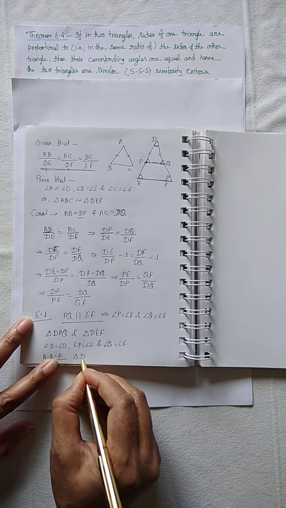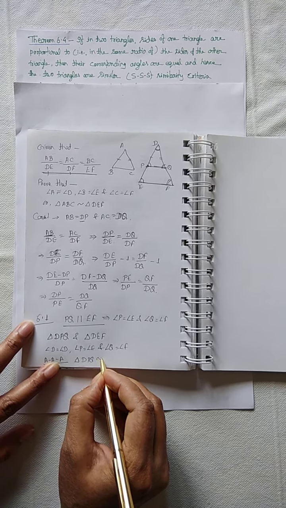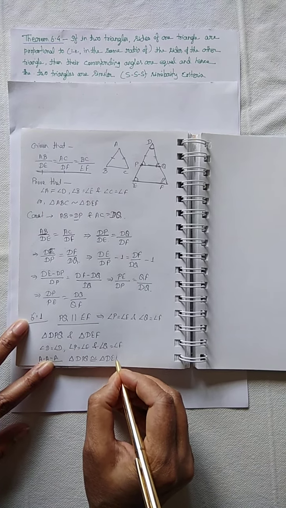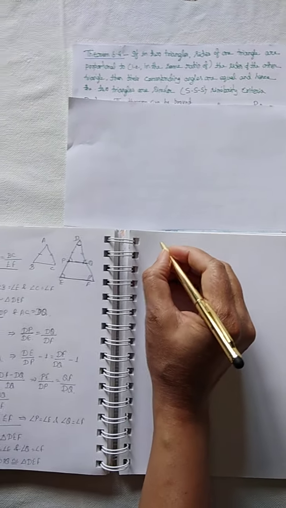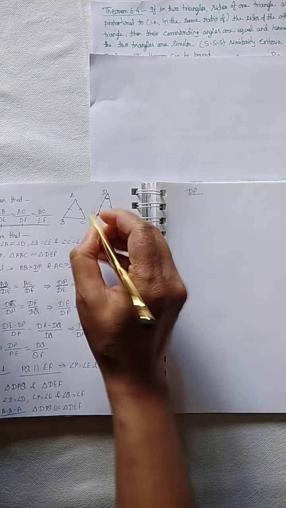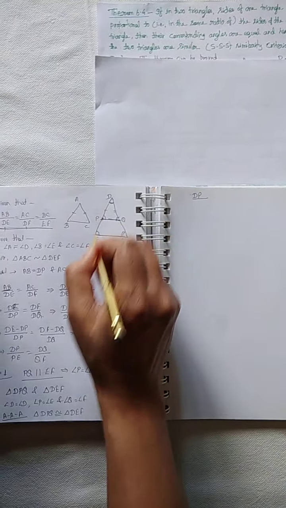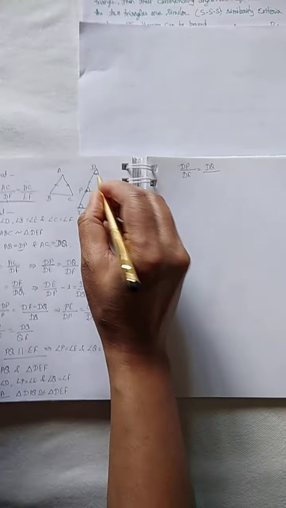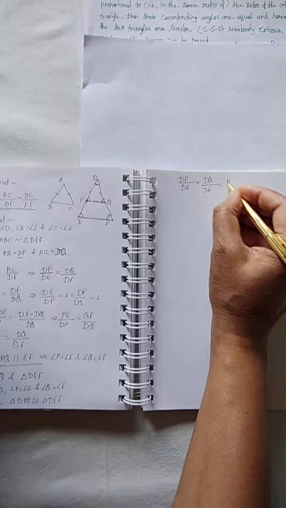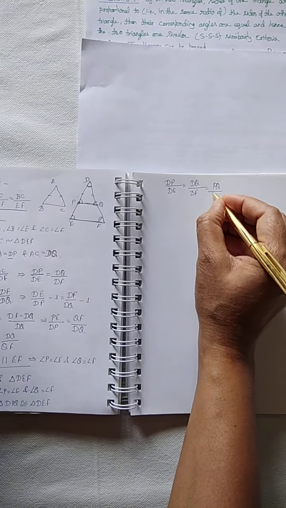So triangle DPQ is similar to triangle DEF. Now if these two triangles are similar, we can say that their sides are in the same proportion. So DP by DE equals DQ by DF equals PQ by EF.